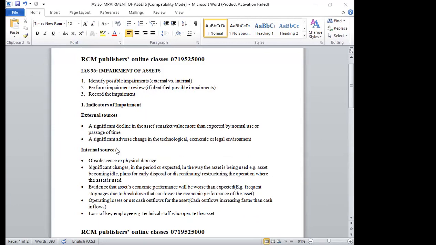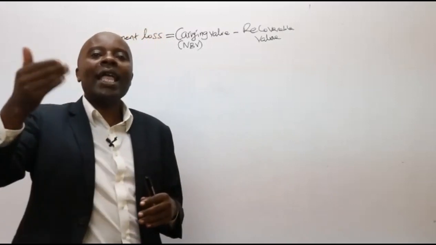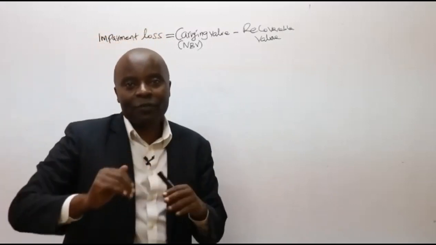When you realize, ladies and gentlemen, that you are entering into operational losses or where the net cash outflows for the asset are bigger, meaning that the cash outflows are increasing at a higher rate than what you are receiving from this asset.